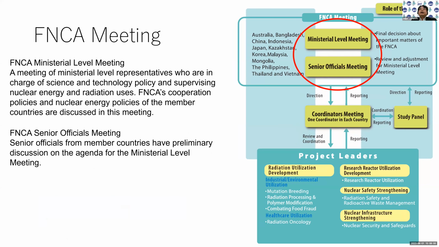FNCA meetings consist of two meetings. One is the FNCA ministerial level meeting. This is a meeting of ministerial level representatives who are in charge of science and technology policy and supervising nuclear energy and radiation usage. FNCA's cooperation policies and the nuclear energy policies of the member countries are discussed in this meeting.